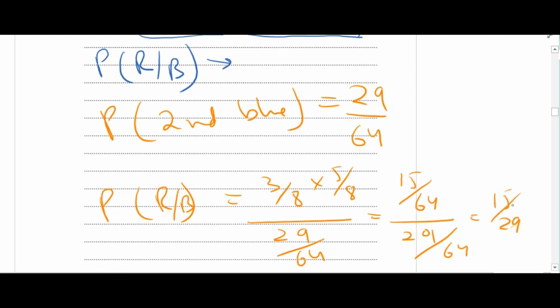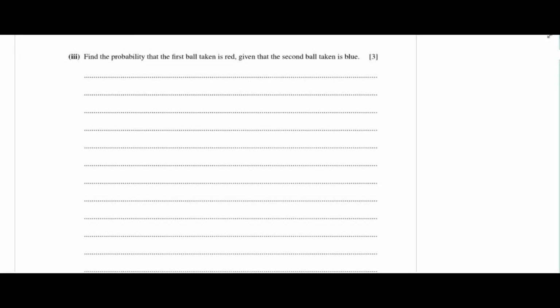This would become 15 upon 64 whole divided by 35 upon 64. That would become 15 upon 35.